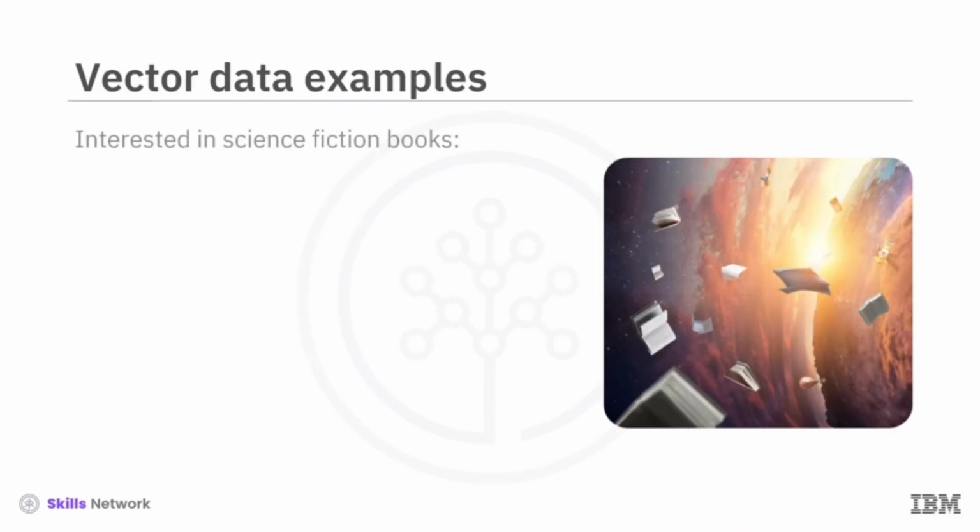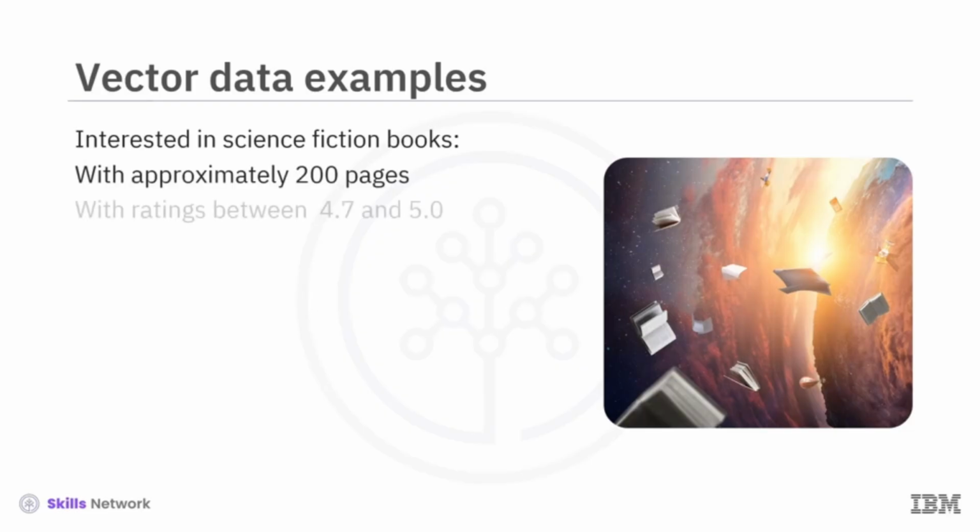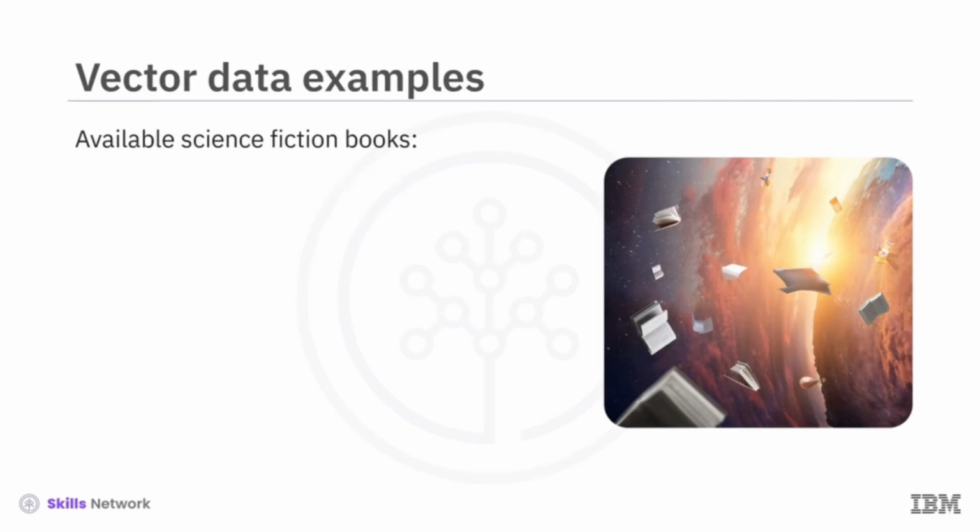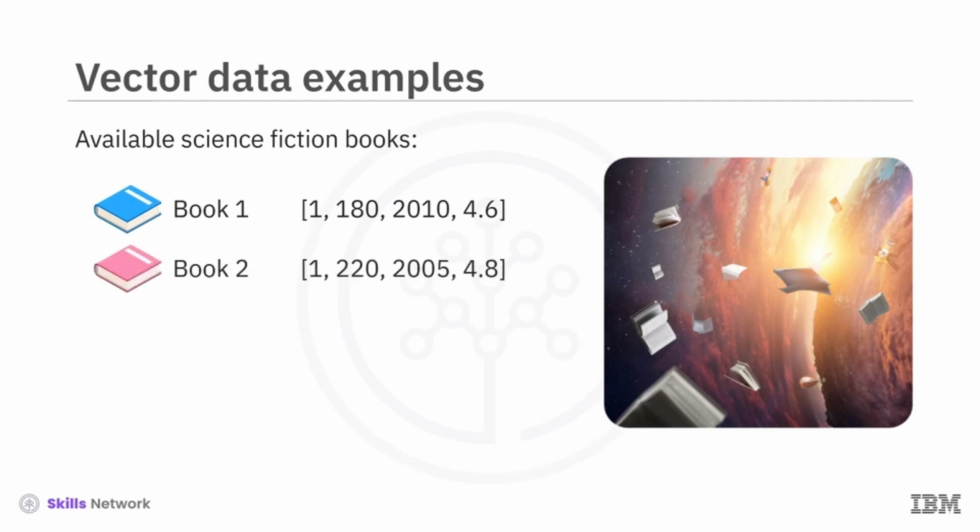Next, let's say you are interested in science fiction books with approximately 200 pages and ratings between 4.7 and 5.0. Next, review the list of science fiction books available online. Book 1 contains vector values of 1, 180, 2010, 4.6. Book 2 contains vector values of 1, 220, 2005, 4.8.